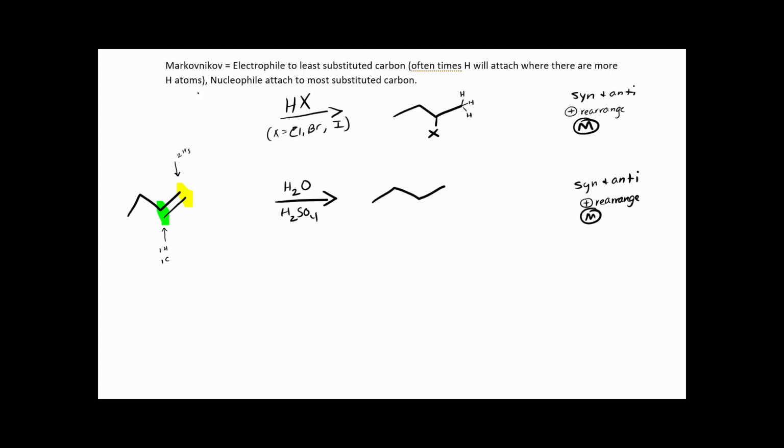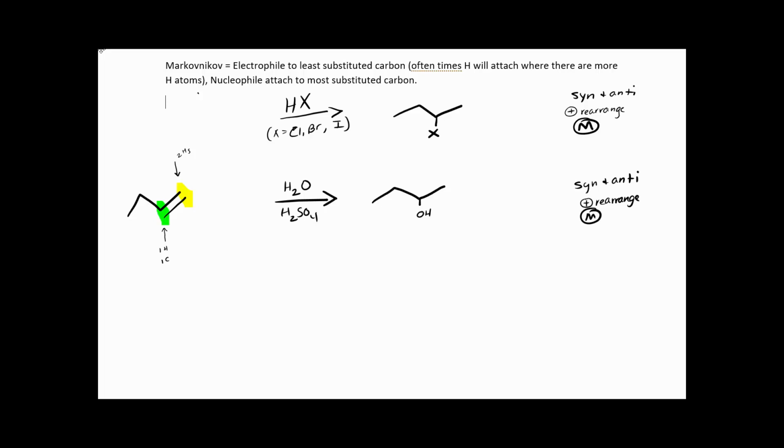So just like the hydrohalogenation above, in hydration, we have our nucleophile, which in this case is the OH, going to the more substituted carbon. We've added an H here, so this side is now a methyl group. We don't oftentimes draw those little H's in. We oftentimes just leave them off so that we have a carbon at our end and our bend. So let's just clean that up and be consistent.